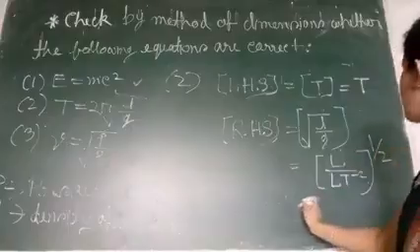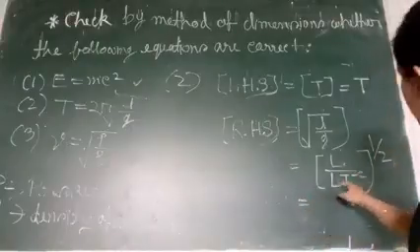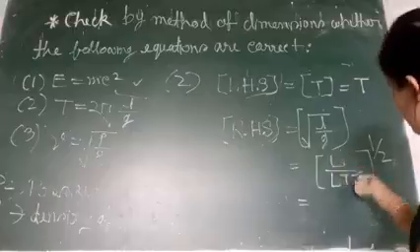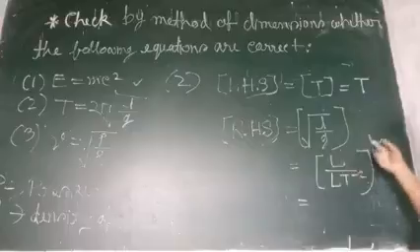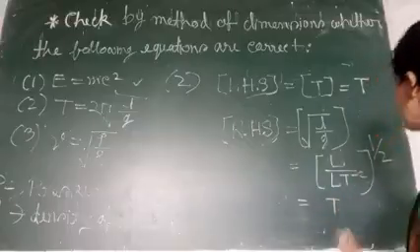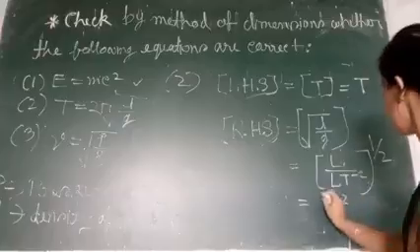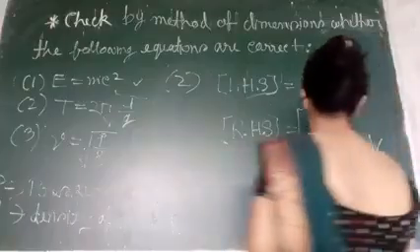So what will be the result here? L cancels, and t to the power minus 2, if we bring this term above, becomes t square to the power half. So the result will be only t.